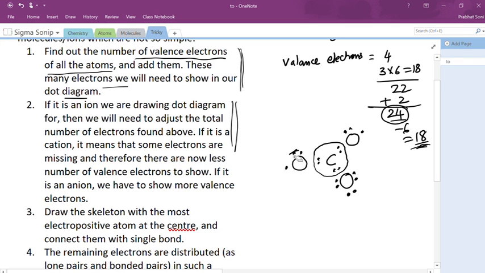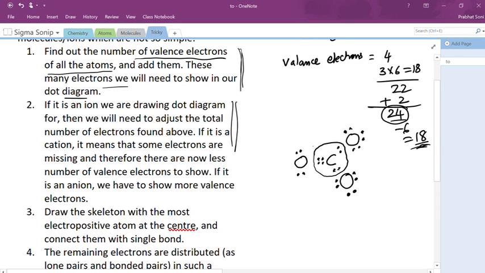Let me draw them again. Any one of these pairs will convert from a lone pair to a shared pair of electrons. So I'll convert this one. I removed that lone pair from here and made it a shared pair of electrons.